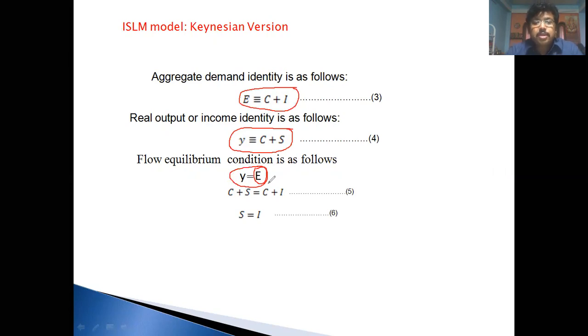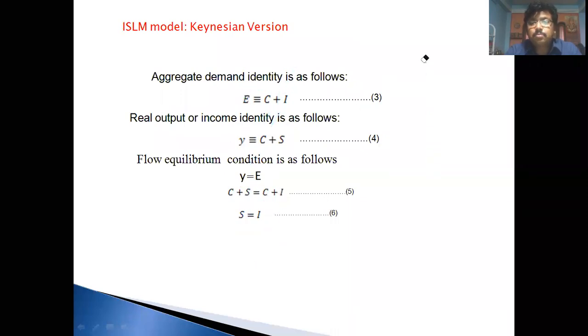Now we substitute the value of Y, that is C plus S, and the value of E, that is C plus I. After rearranging, we get S equal to I. That is, savings is equal to investment.